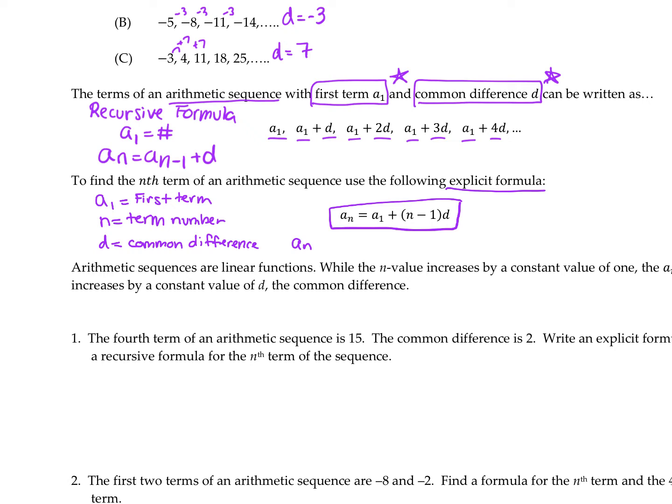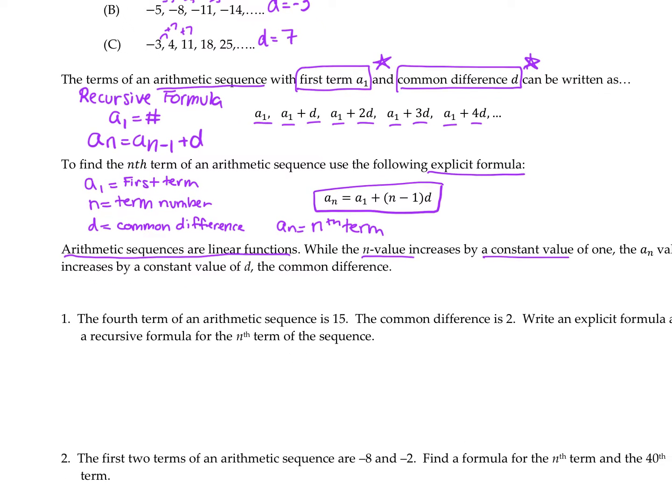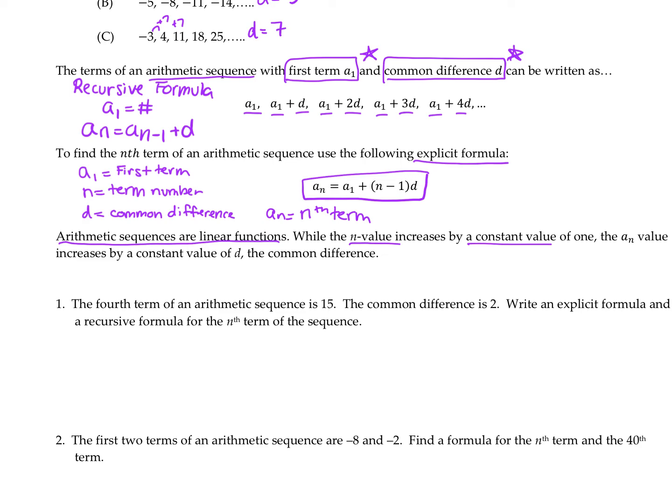And our An is the nth term, or if we're trying to find the fifth term, that would be the fifth term. The other thing to remember is that arithmetic sequences are linear functions, and so our n value is going to increase by a constant number each time, which we again call our common difference.